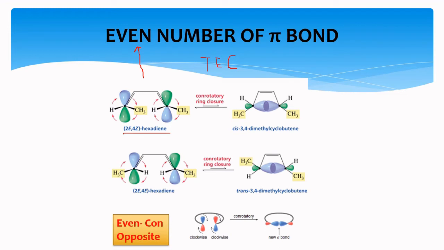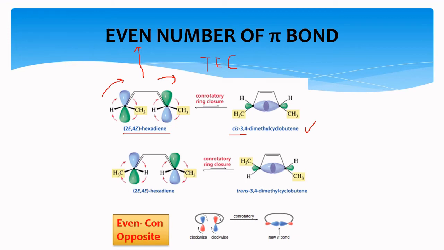So what happens in conrotatory? If this is clockwise, this is also clockwise. So when you turn the molecule clockwise, both of the methyl groups will go down, so it will give you a cis product.